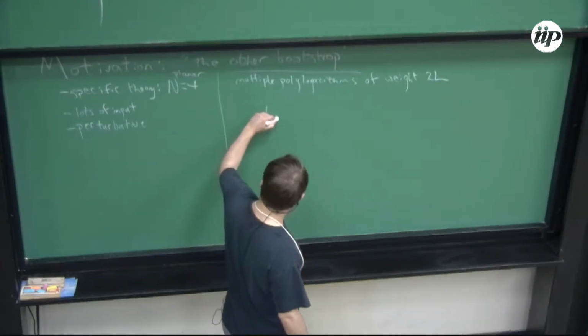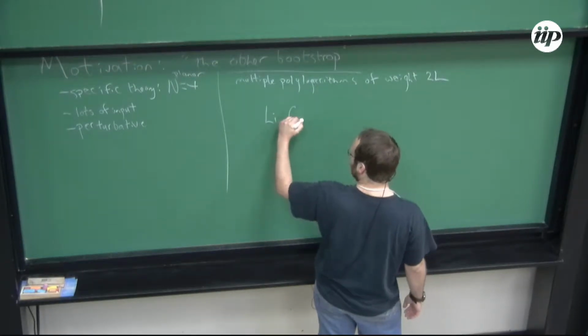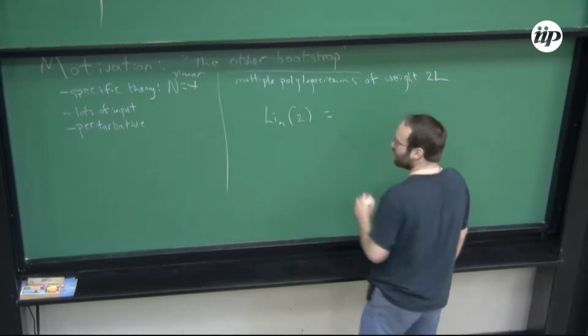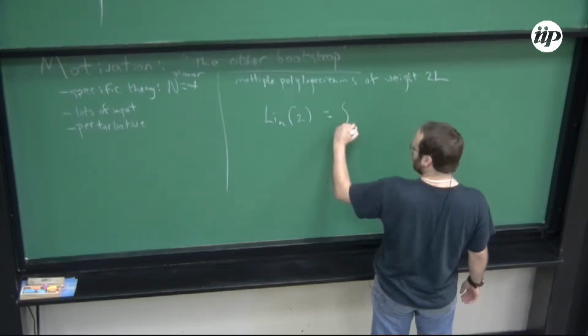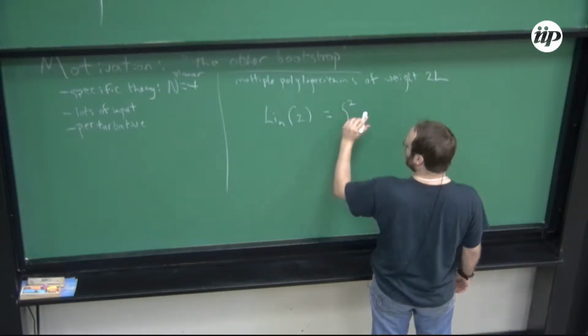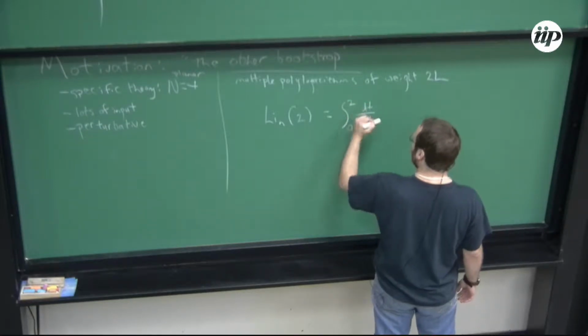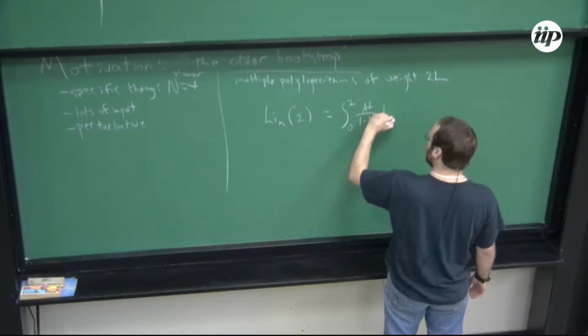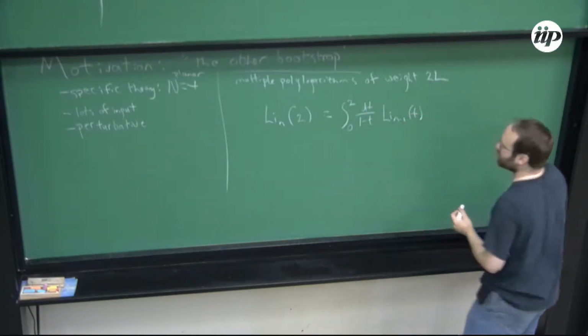Anyway, for those of you who haven't run into these things before, you might have run into the classical polylogarithms. So these things end up being defined: you've got some integral dt over 1 minus t, Li n minus 1 of t.